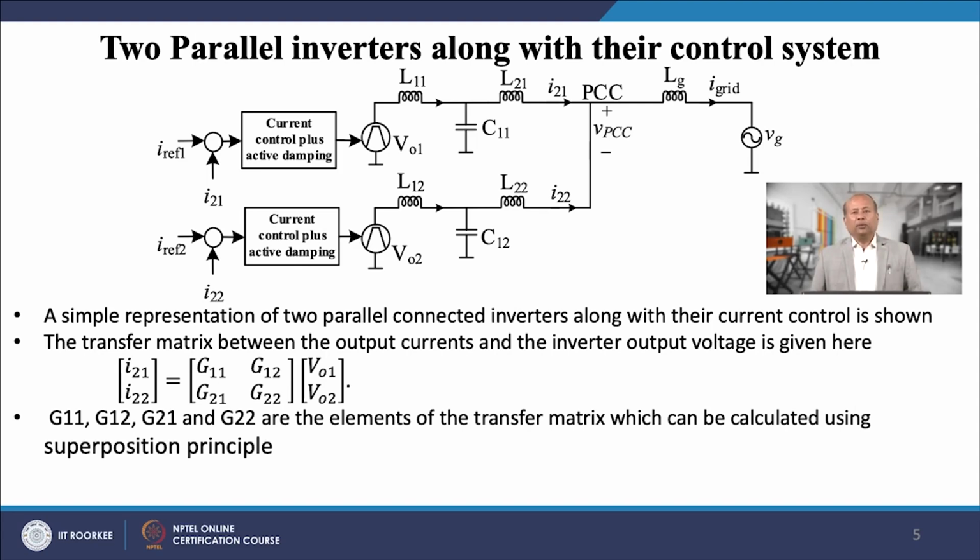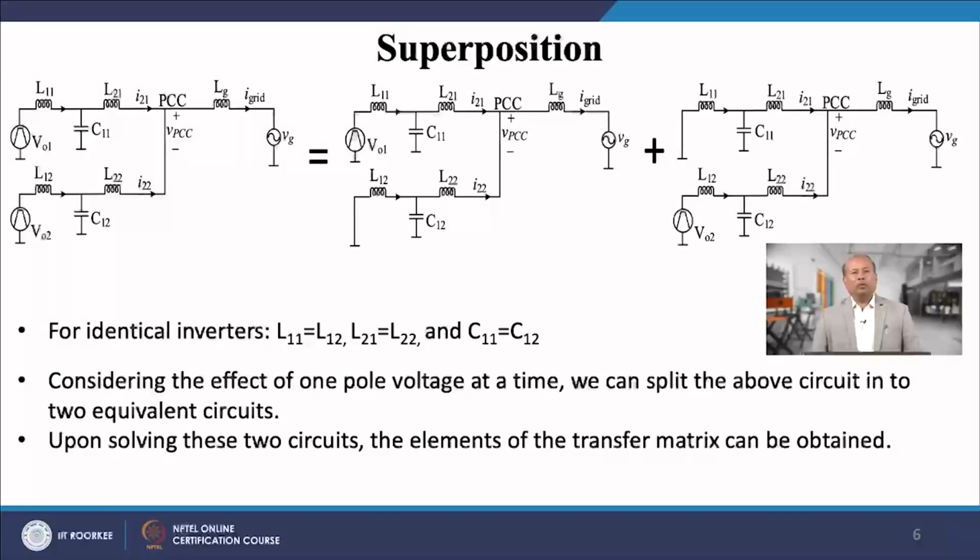Thus, we can conclude that when inverters operate in parallel, there is a possibility that interacting current flows between them in opposite directions. From this, one can infer that there is a coupling among the inverter output currents. From the circuit shown here, we can clearly understand how each inverter output current has two current components.